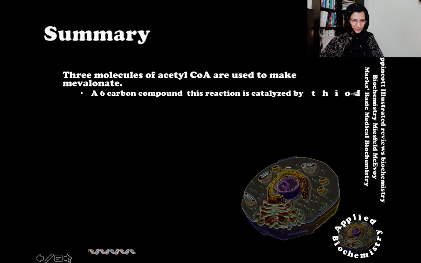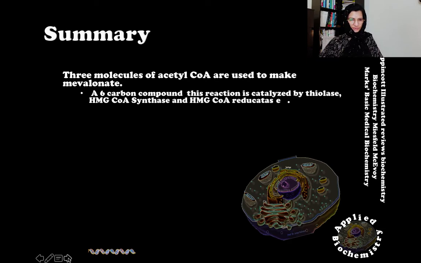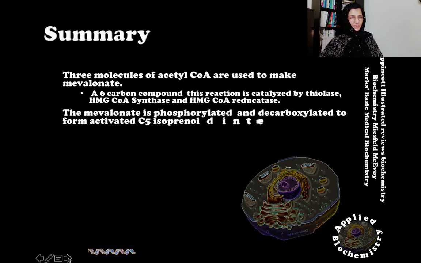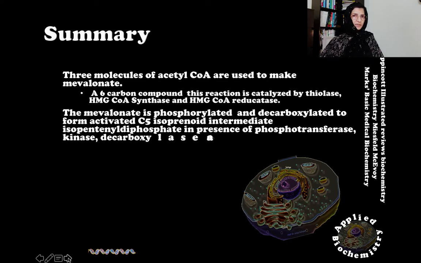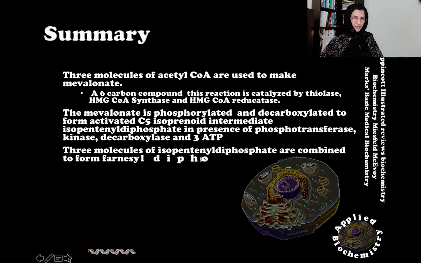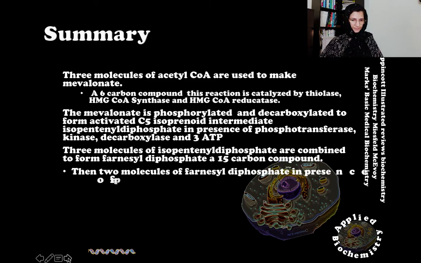So that is the summary: the story starts with 3 molecules of acetyl CoA, and glucose is the common source of acetyl CoA, and cholesterol is also synthesized from the acetyl CoA derived from the oxidation of long chain fatty acids.